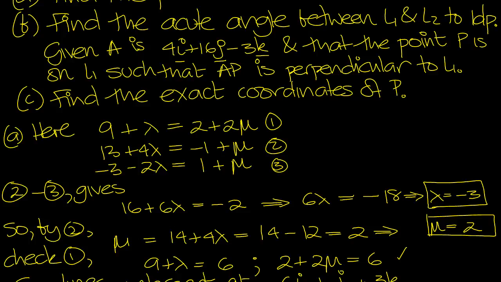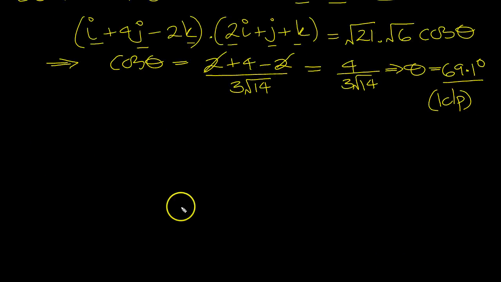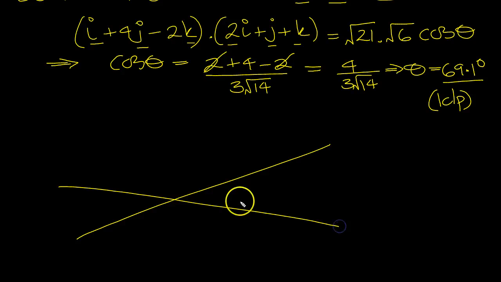So we've done that, and the point P, given that A is this, and that the point P is on L1 such that AP is perpendicular to L1. So we've got 2 lines, L1 and L2. This is 69.1 degrees. This is L1, this is L2, say.